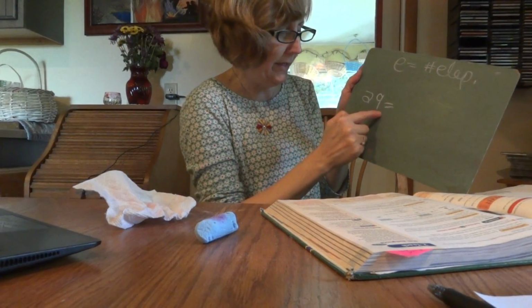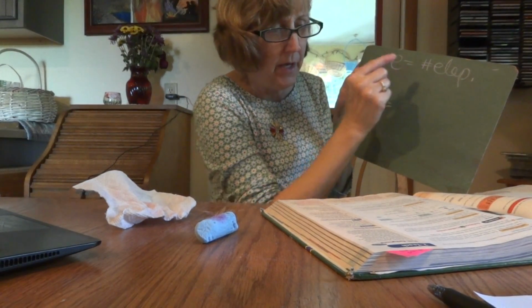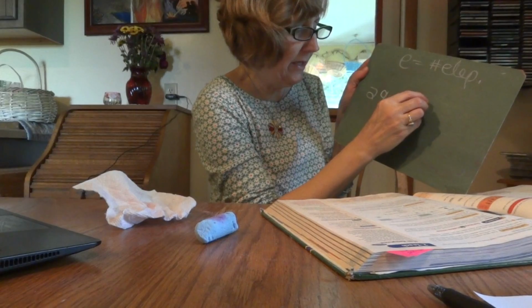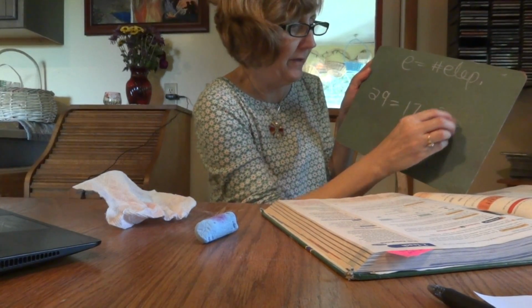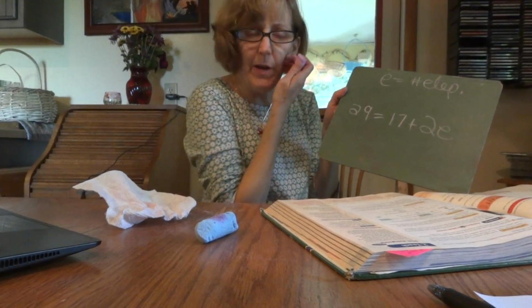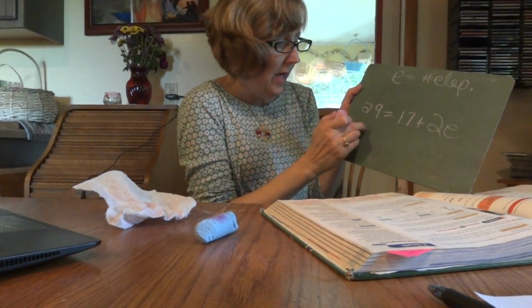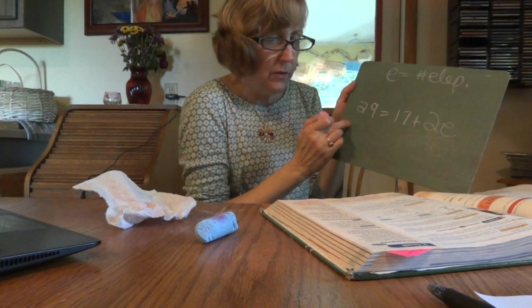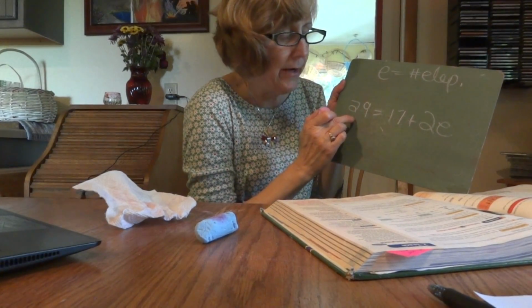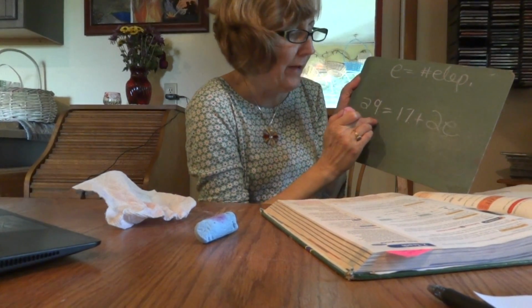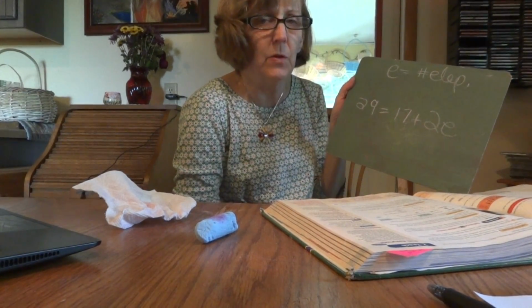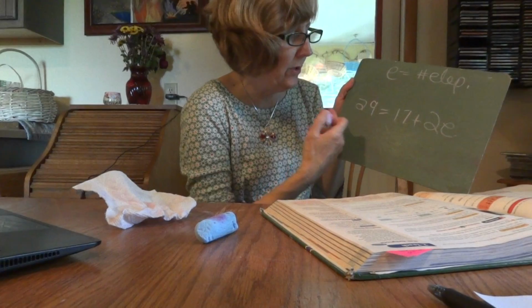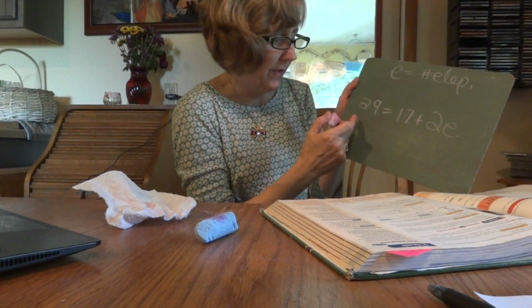So 29 equals 17 more than twice the number of elephants. See how I got that equation? It told us that the number 29 ostriches is the equivalent of 17 more than twice the number of elephants. So I just translated those words into symbols, letters and numbers.